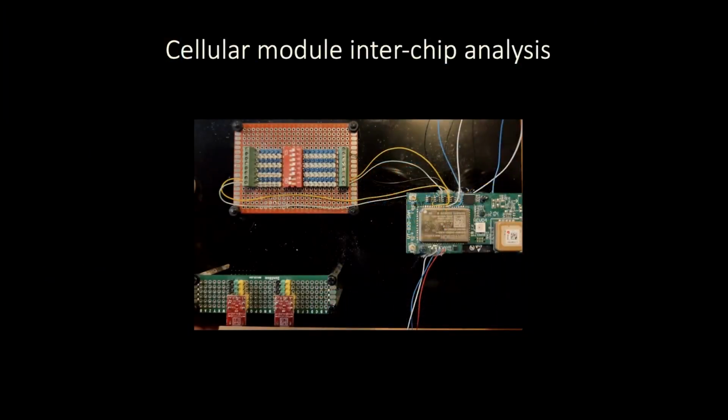So this is one we got set up here. This one was really bizarre because I wanted interchip comms between the cell module and the main processor, because there's typically a main processor of some type that communicates with the cellular module and the cloud. And it turned out that they actually did a voltage translator between the two.